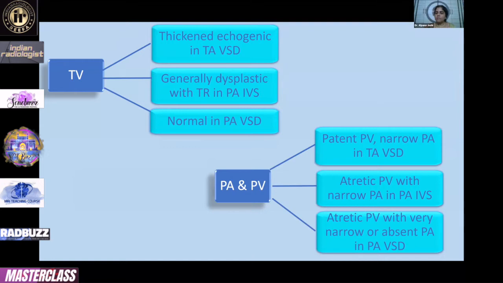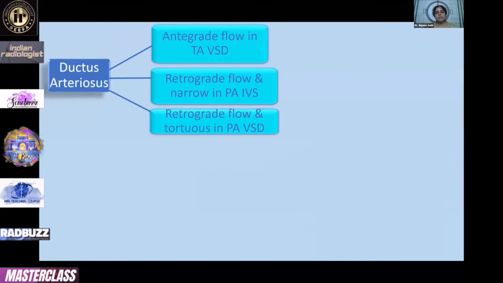And sometimes it is absent or very small, very narrow, difficult to visualize pulmonary artery in PAVSDs. The ductus, you will see antegrade flow always in TAVSD, retrograde flow in narrow PA with IVS, retrograde flow and tortuous ductus in PAVSDs.